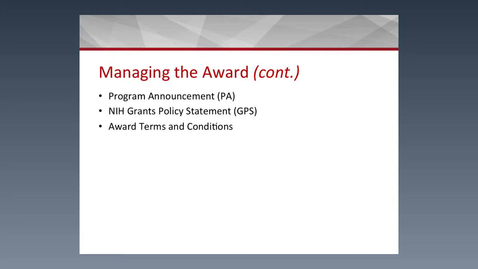And then the award terms and conditions, as I've mentioned, these are specific to the award. For instance, if you are including human subjects in your research, and let's say the institutional review board approval hasn't been received at the time of the award, the award may be issued with a restricted term and condition on the award.